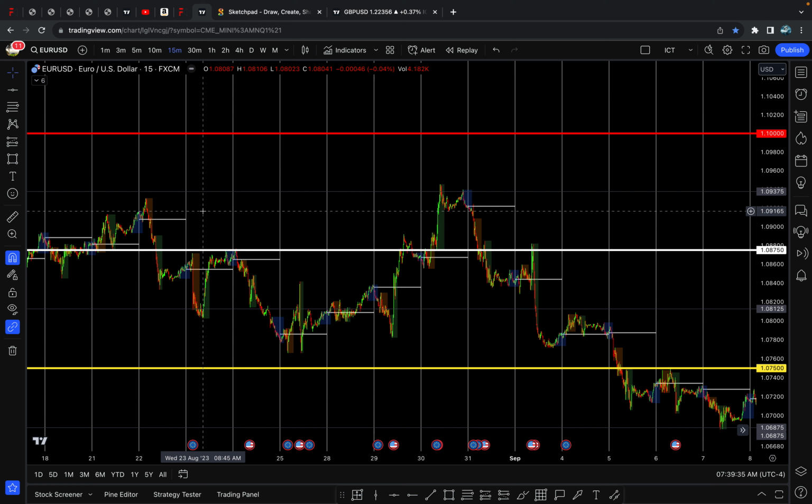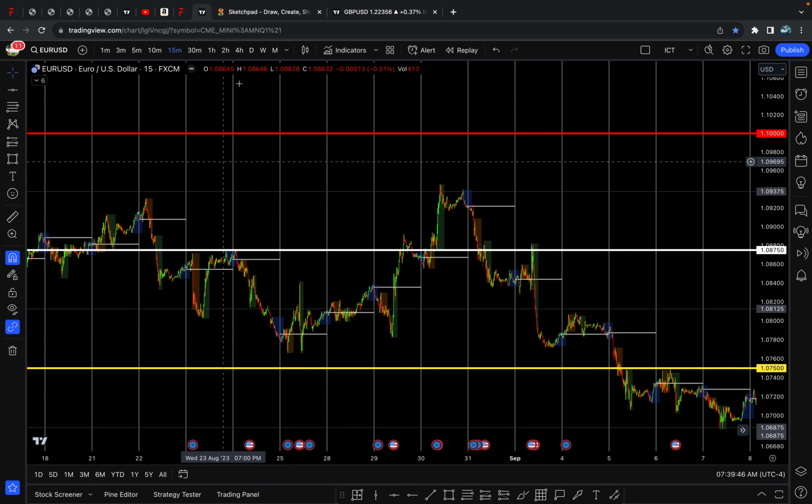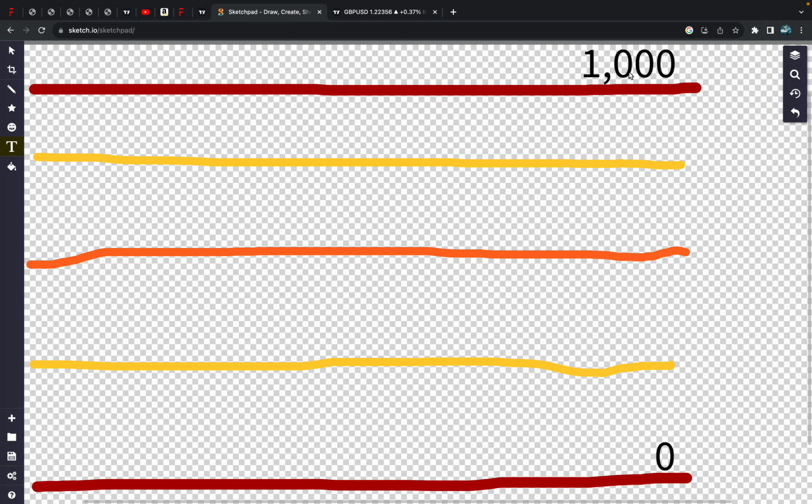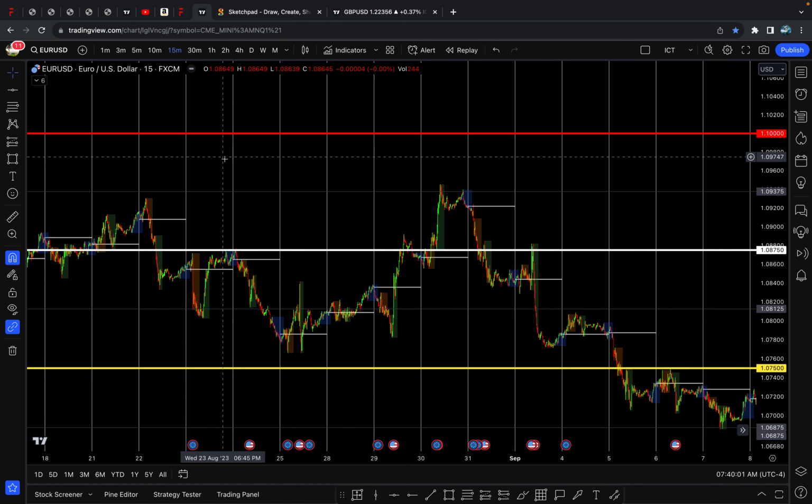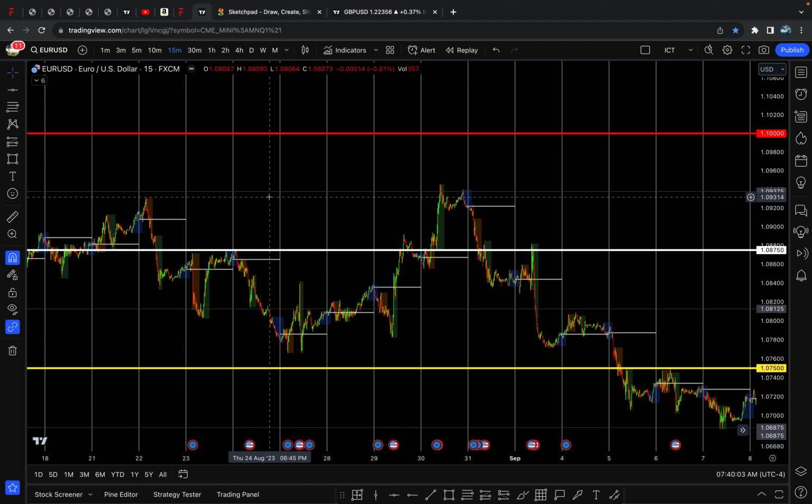Not only the smallest subdivision ever, but the smallest, because we're on the 1,000 scale. Remember, there's a 100,000 scale, a 10,000 scale, and a 1,000 scale. This is at the 1,000 scale level.